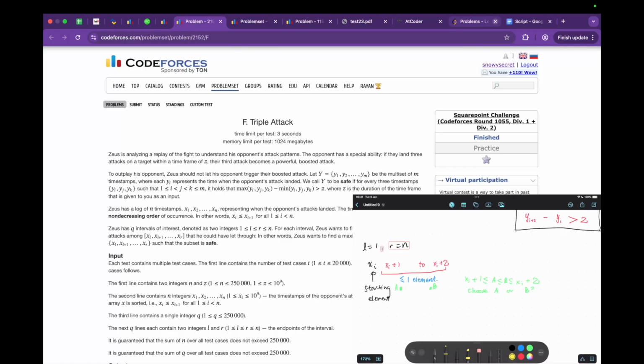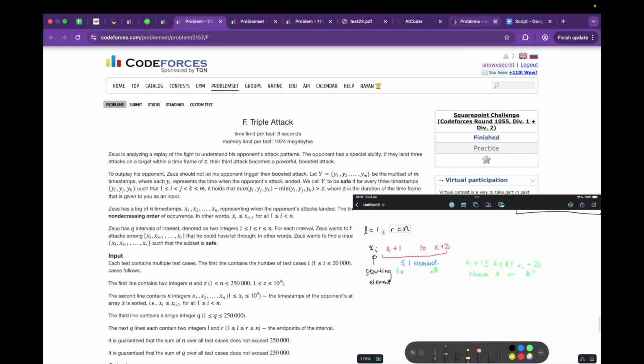So if we choose element B, then this introduces a new constraint of the form: from the elements b plus 1 to b plus z, there could only be at most one element. So there could be at most one element with value between b plus 1 to b plus z.